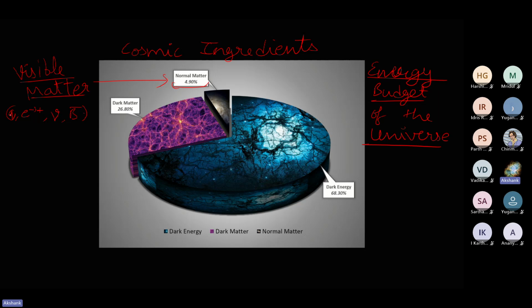So these quarks make up your protons, neutrons, and so all matter that particle physics understands is visible matter. Okay. The rest 95% of it, we don't truly understand.